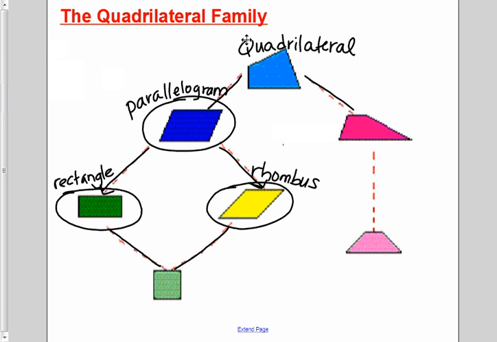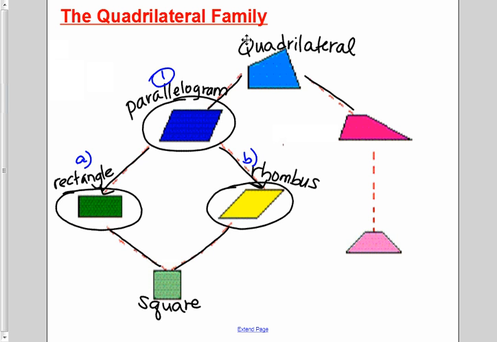And rectangle and rhombus kind of merge together to create a square. Okay, so the way this flow chart works is this is saying that a quadrilateral can be a parallelogram. A parallelogram could be either a rectangle or a rhombus. And then you have the option of also becoming a square.